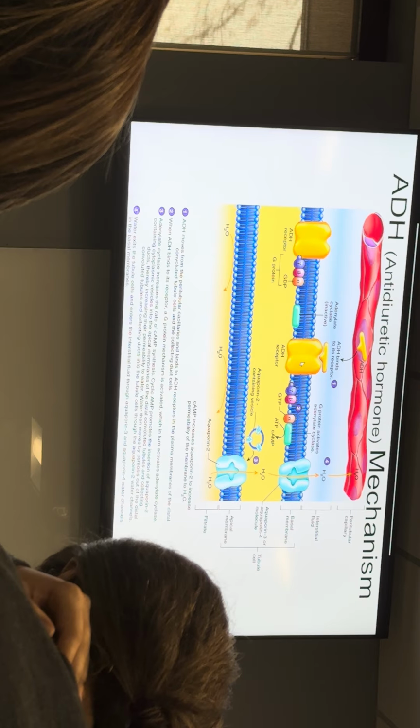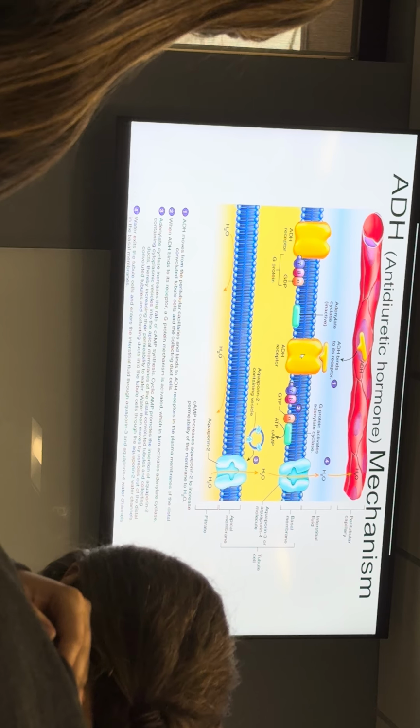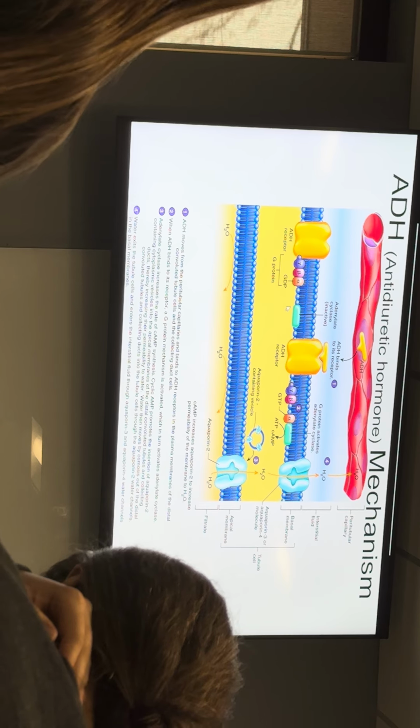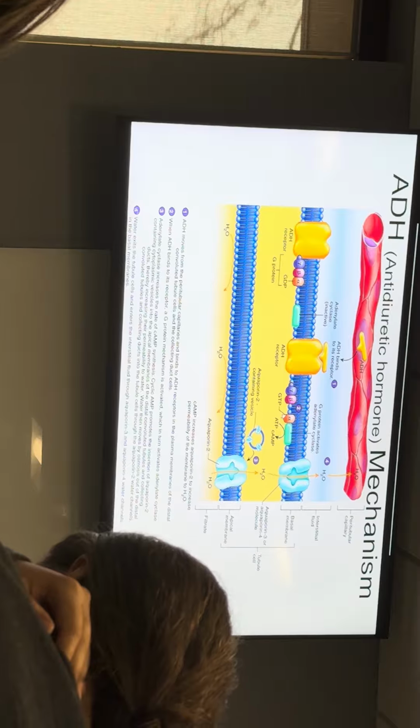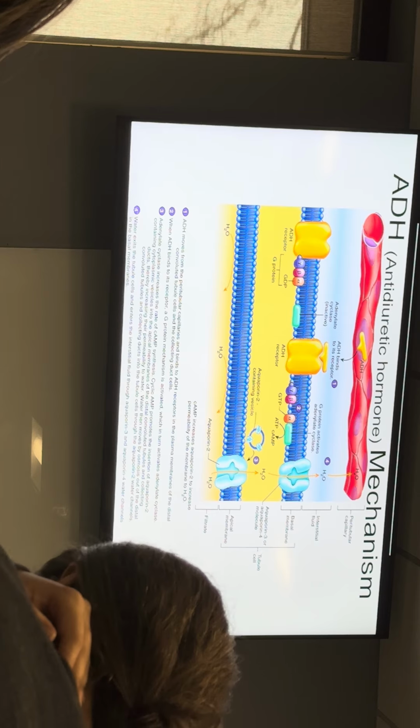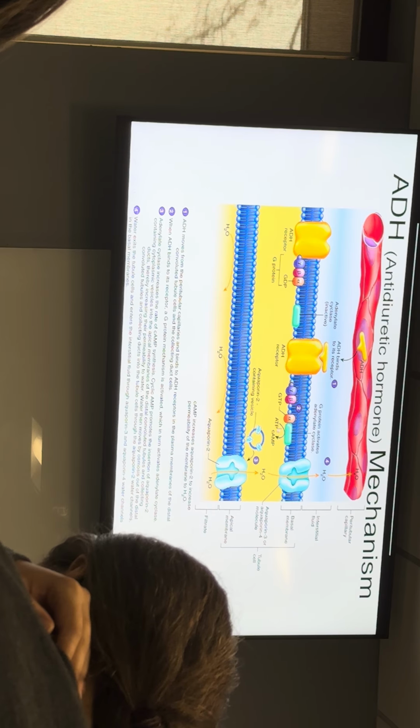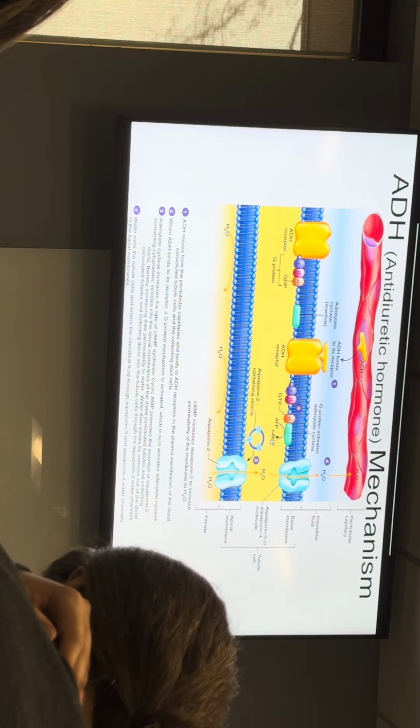And when you activate these G protein coupled receptors, you activate G proteins. And then the activated G protein can do a bunch of different things. In this case, it activates an enzyme called adenylate cyclase that converts ATP into cyclic AMP, which is used as a signaling molecule.